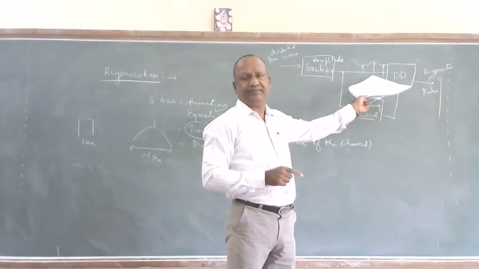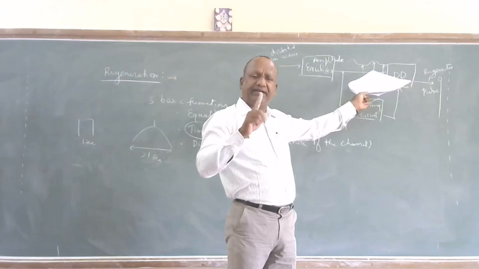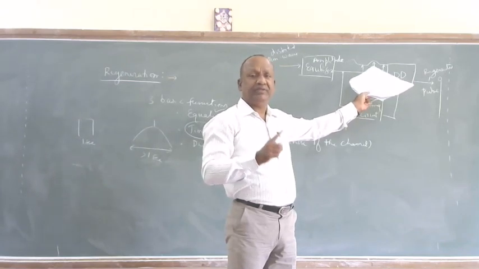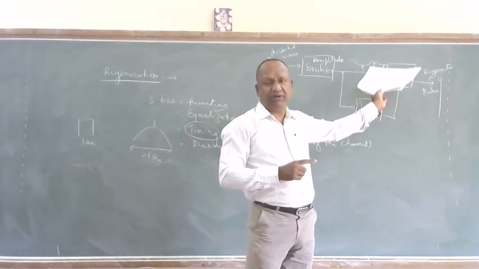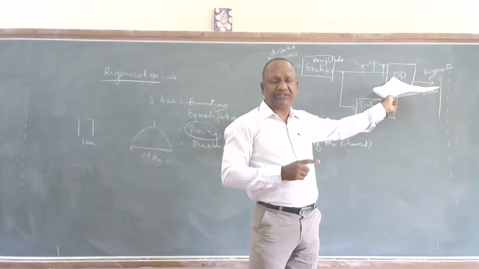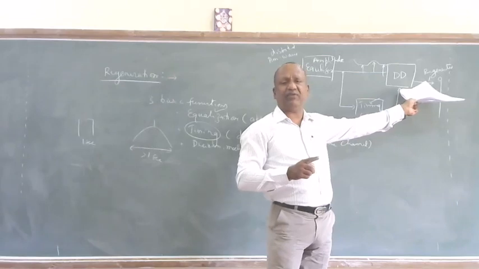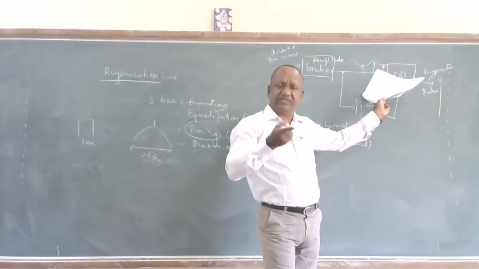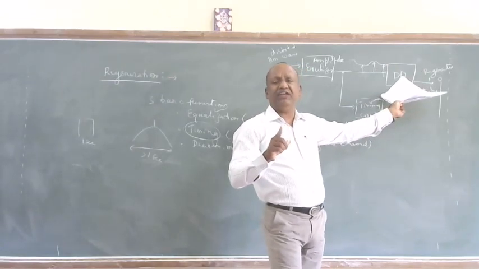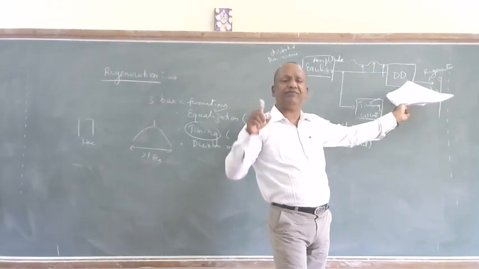Once you do the sampling at a given instant of time, the sample value will be compared with the threshold. If that value is greater than the threshold, it will decide in favor of 1. If the sample value is less than the threshold, the decision device will take a decision in favor of 0.